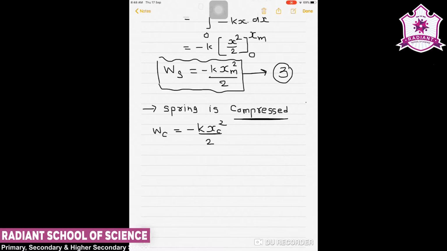So in all cases it will experience the force and work done in this formula.